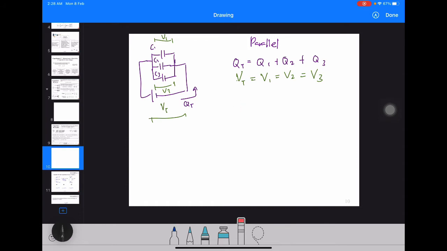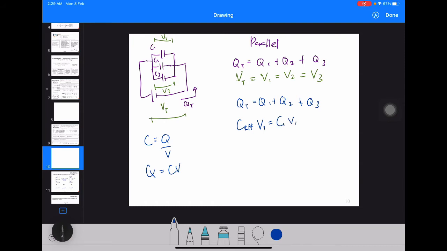I can start with the Q total. Maybe I'll just rewrite it again. And then since C equals Q over V, I can rearrange Q equals CV. So this will be C effective times V total, CV equals C1 V1 plus C2 V2 plus C3 V3.